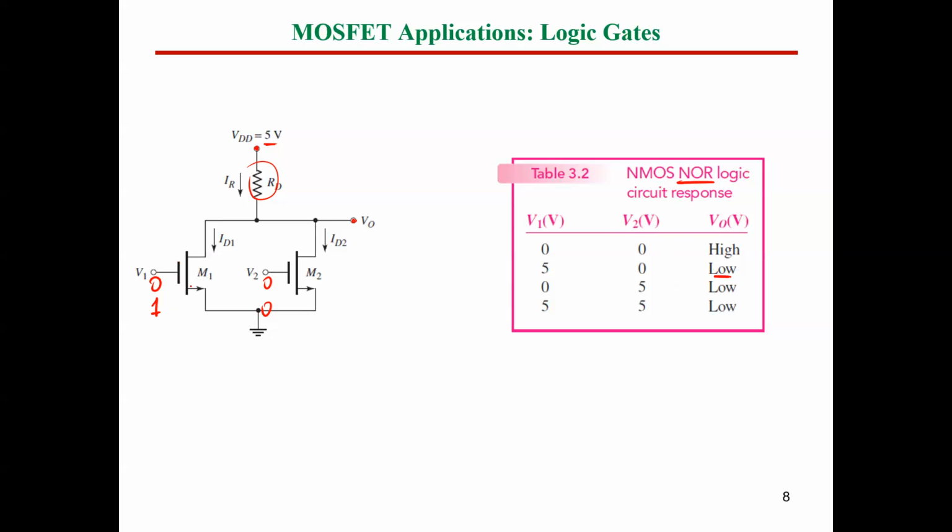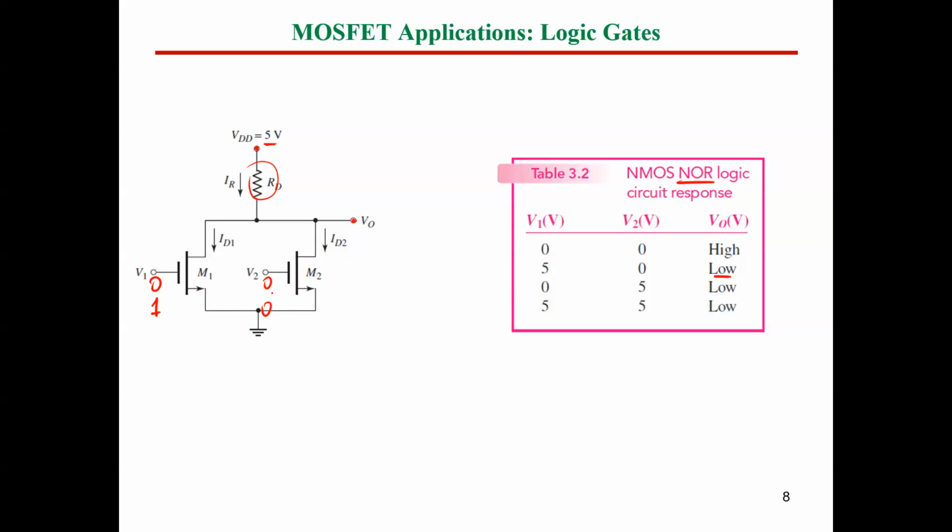And since the transistors are connected in parallel, if any one of them is turned on, this would make the same result, which is going to be active low. So either this one or that one is on, either M1 or M2 is on. In this case, we would have output active low.